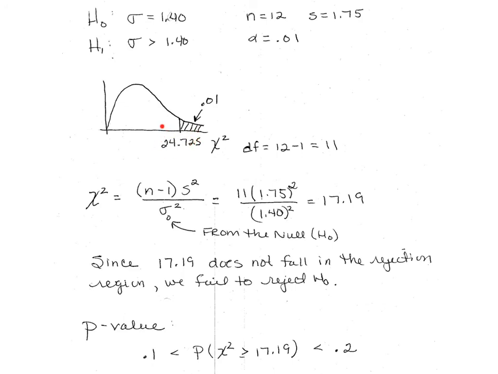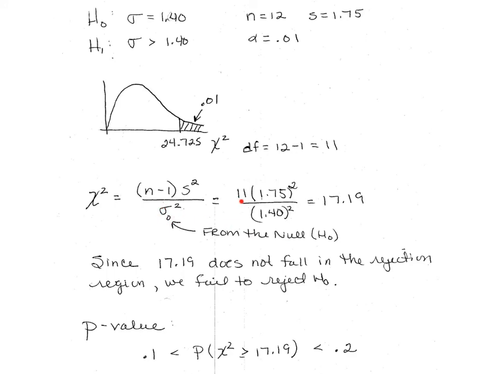So we need to see if we come up with a chi-squared statistic that falls out here in the tail or does not. So here's our chi-squared statistic. It is n minus 1 times the sample variance. Be careful because we are given the sample standard deviation, so we're going to need to square it, divided by the population variance, which is defined in the null hypothesis. Again, we were given the population standard deviation, so we're going to have to square it as well.